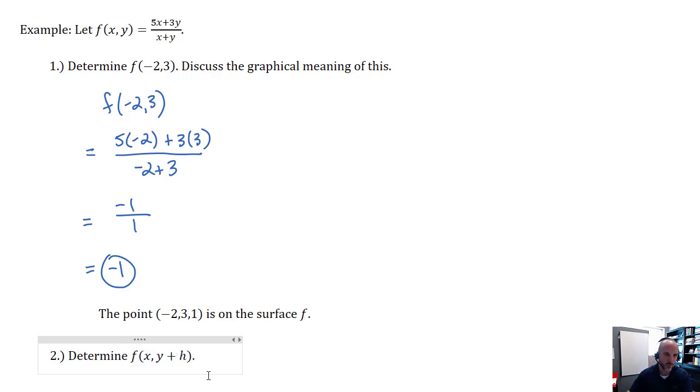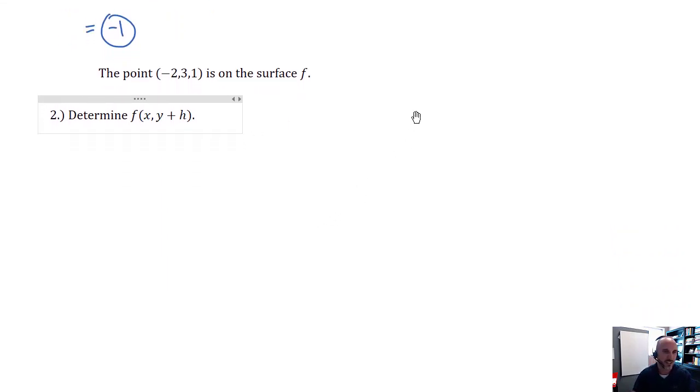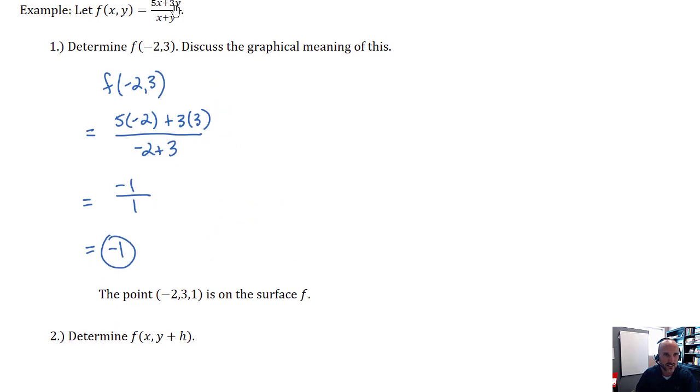That might look familiar when you're dealing with like the limit definition of a derivative in one dimension. You might look at f of x plus h or something. So you can do similar things here with functions of multiple variables. So we're going to plug in x for x and y plus h for y. So we get f of x comma y plus h equals, I'm working horizontally so we can see it up here, equals 5x plus 3 times the quantity y plus h over x plus the quantity y plus h.